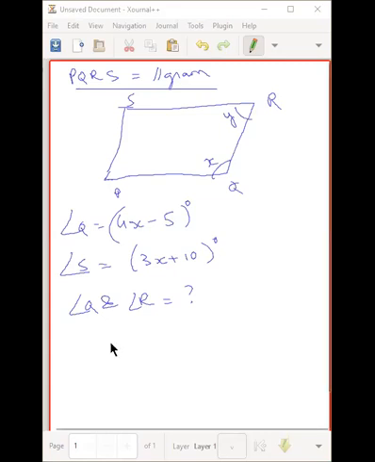Parth, that is incorrect. Check your working. Siddhant, which angle is that? Sir, Q. Yeah, that is correct.